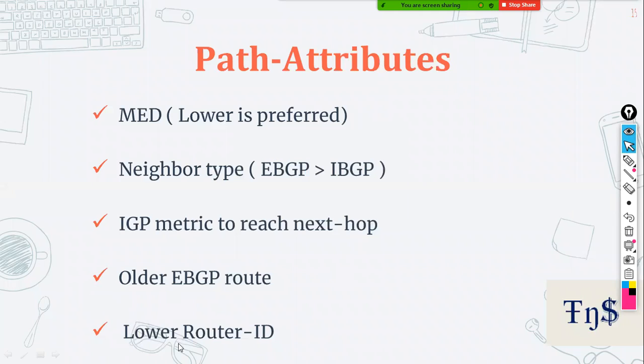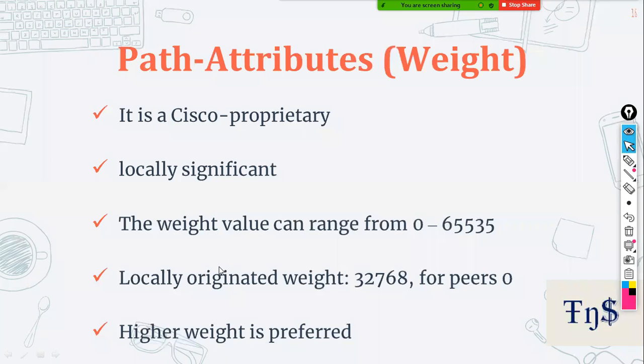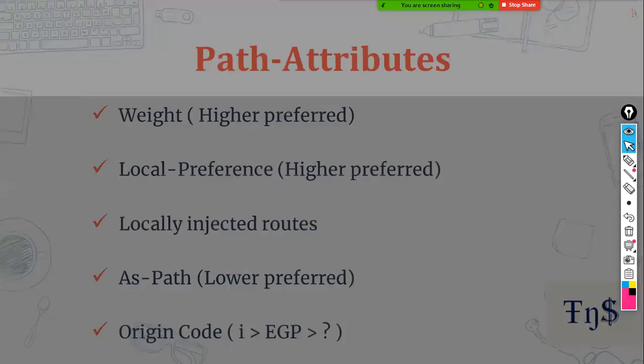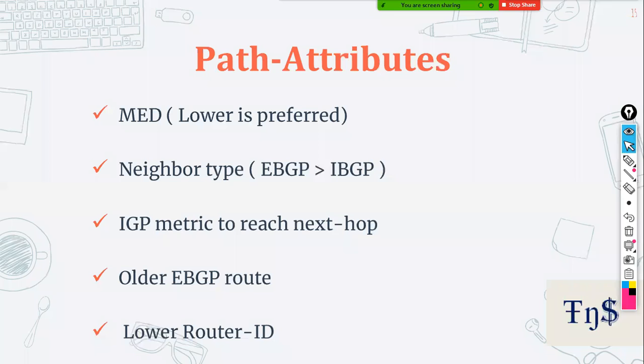Based upon that, it is selecting R7 as the best one. So as we discussed, if all the path attributes till here are the same, then we can think of load balancing in BGP.